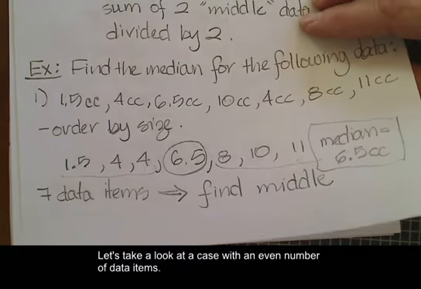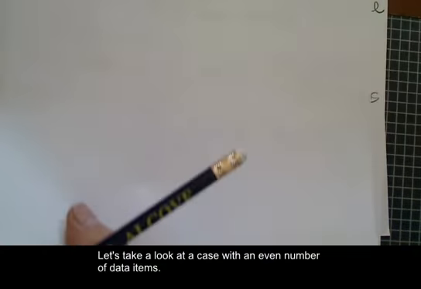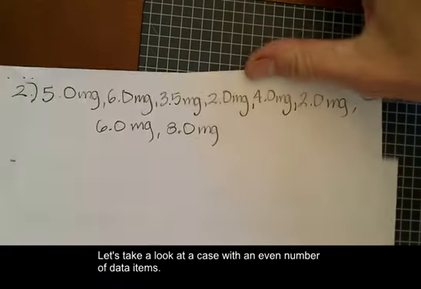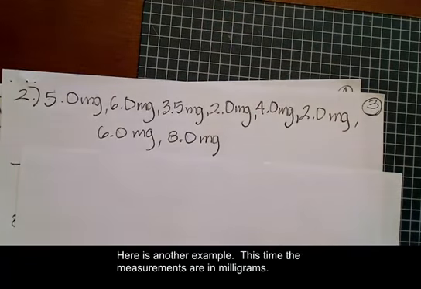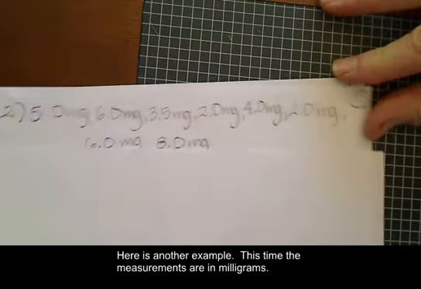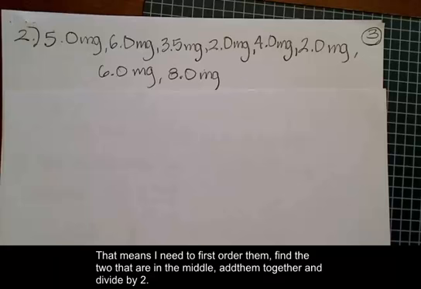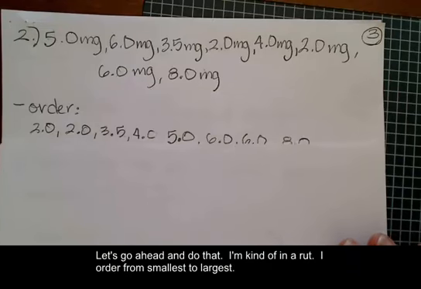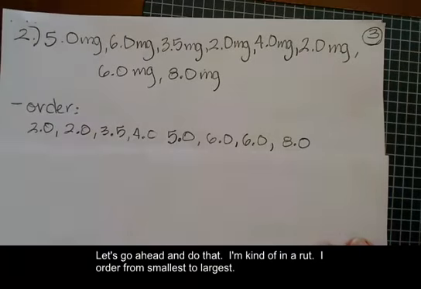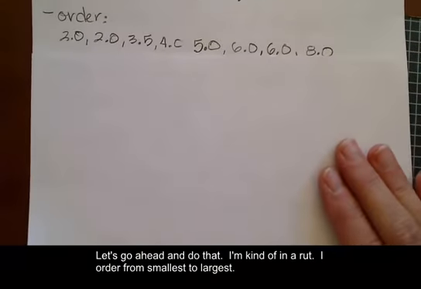Let's take a look at a case where we have an even number of data items. Here's another example. This time the measurements are in milligrams, and that means I need to first order them, then find the 2 that are in the middle, add them together, and divide by 2. Let's go ahead and do that. I order them, and I'm kind of in a rut, so I always order from smallest to largest.